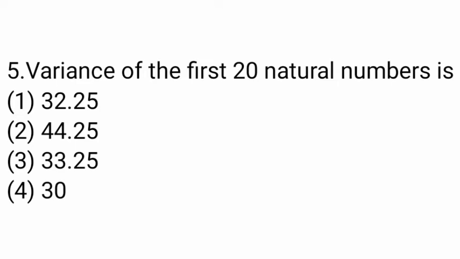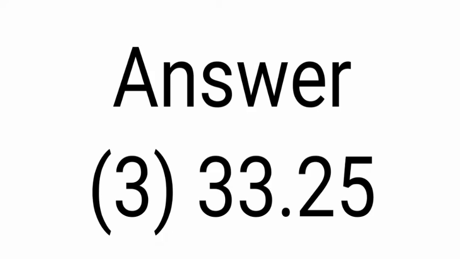Substitute n equal to 20, that means 20 square 400 minus 1 divided by 12, that equal to 399 divided by 12. We simplify the value, therefore we get root of 33.25. That is a standard deviation, but we want the variance, therefore taking square, sigma square equal to 33.25, the root is cancelled. What is the answer? 33.25. Therefore the option is 3. Can you understand?